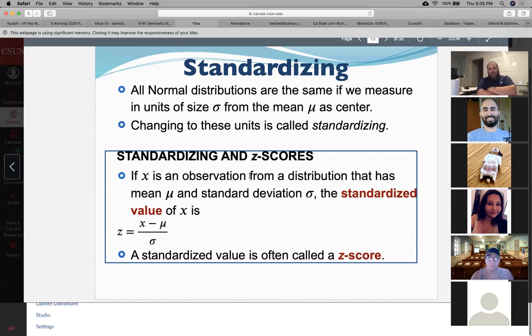We do that by taking our data point x, whatever our value is, subtracting the mean, and dividing by sigma. When you do that, you compute what's called the z-score. And the z-score tells you how many standard deviations you are away from the mean. So a positive z-score, you're to the right of the mean. A negative z-score, you're to the left of the mean.